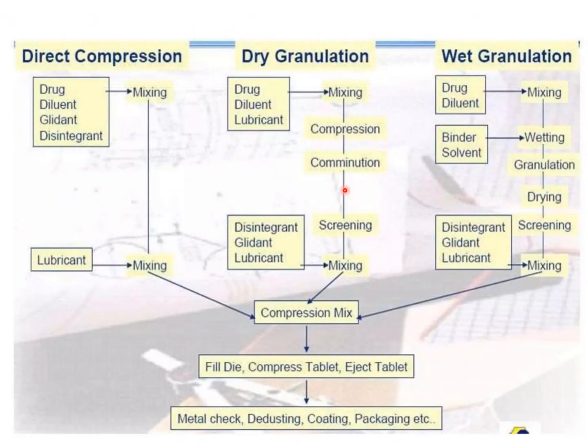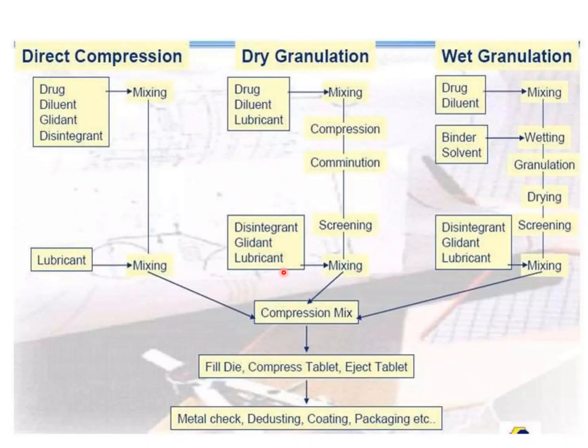So this is the overall summary of our three methods. We can see that in direct compression no extra steps are done, just mixing and final lubrication, and this is sent to compression. During dry granulation, mixing, compression, screening, and mixing steps are done. So no binder solution or drying process is conducted here.